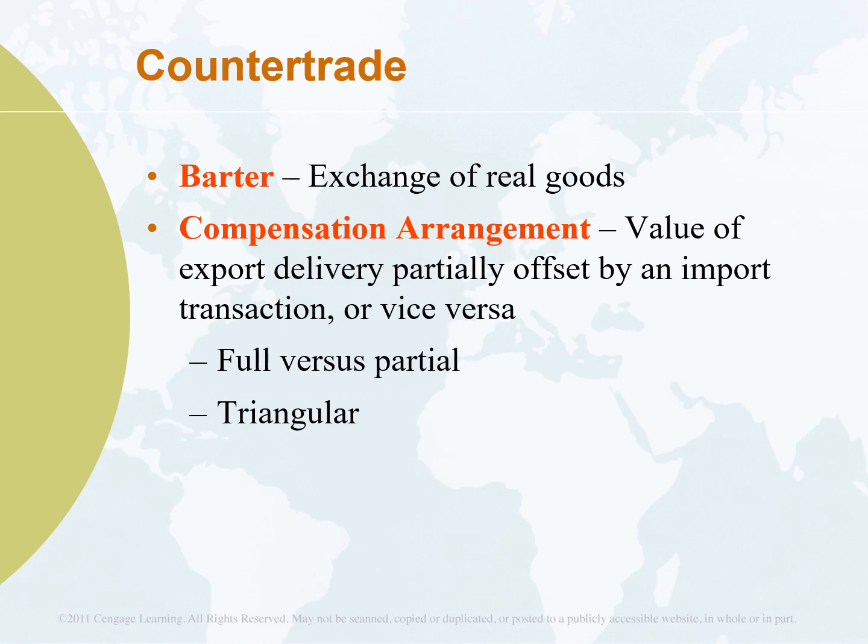There are other countertrade ways, such as a compensation arrangement, where the value of export delivery is partially offset by import transactions or vice versa, full versus partial, or a triangular agreement to compensate.